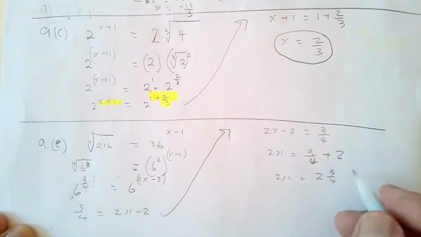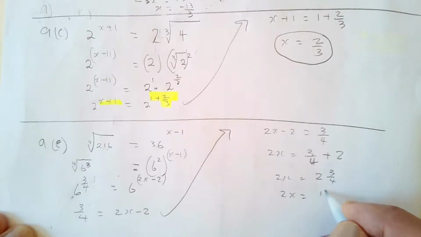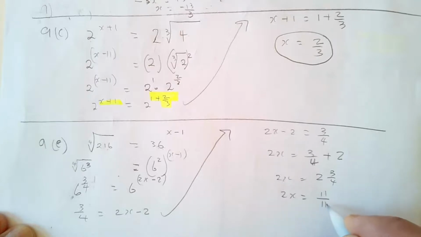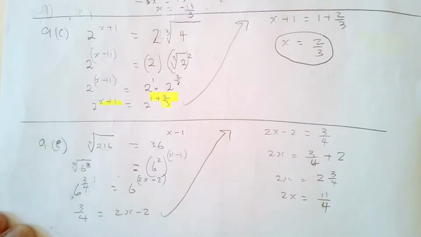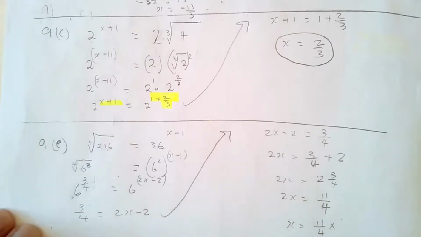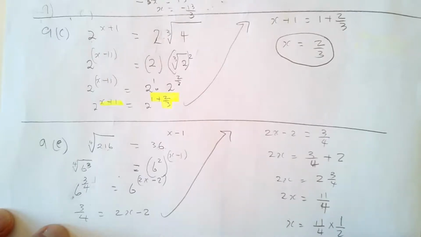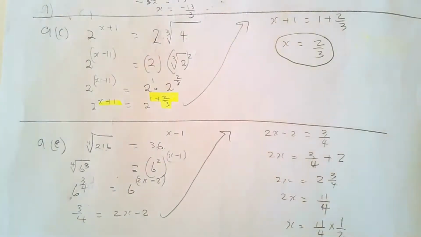Or we can change that to a fraction, which is 2x is equal to 11 over 4. So x is equal to 11 over 4 multiplied by 1 over 2, which gives me 11 over 8.